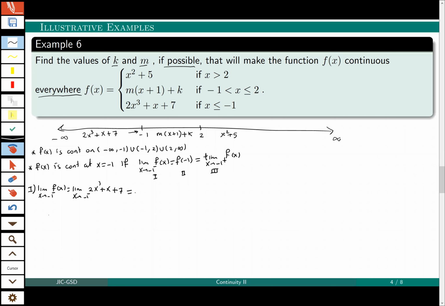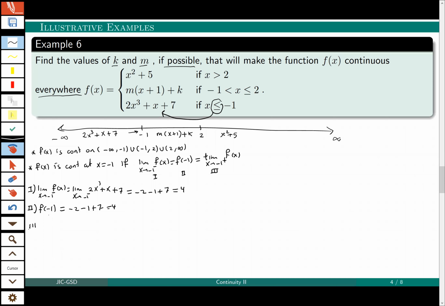When I substitute -1, I get -2 -1 plus 7, which is 4. The second condition says what is f at -1, the value of the function at -1. When x equal to -1, you need to replace x here. So again, it will be -2 -1 plus 7, which is equal to 4.